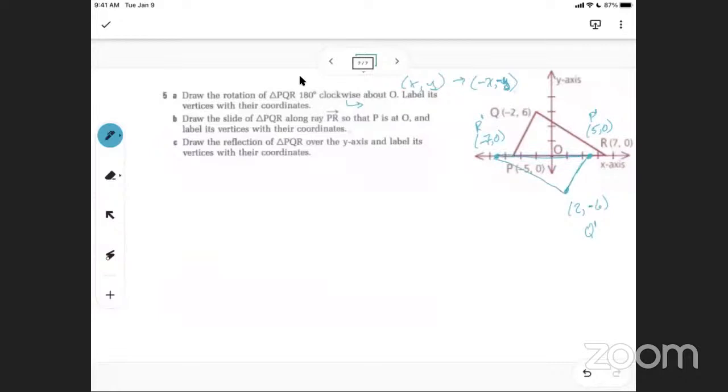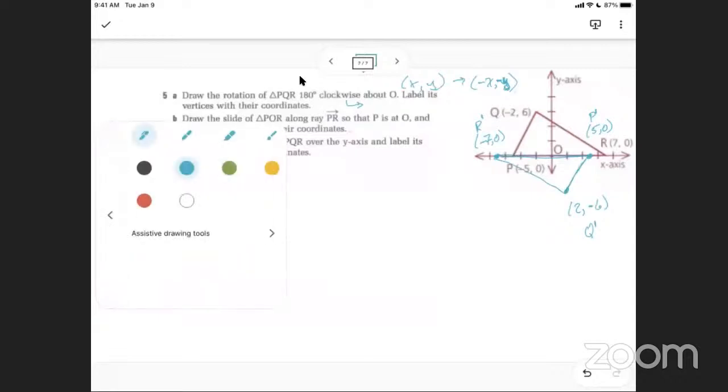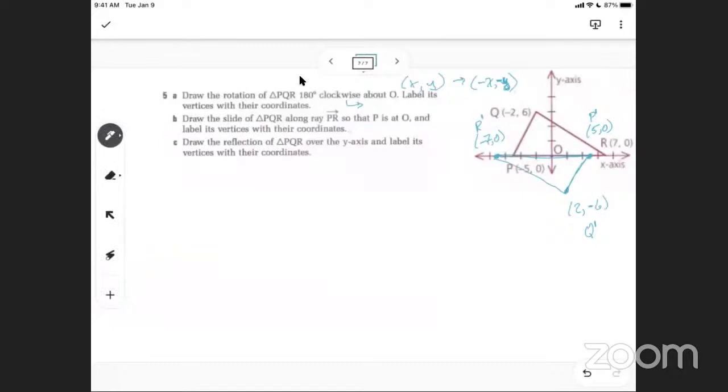Okay. It says draw the slide of PQR along ray PR so that P is at O, and label its vertices with their coordinates. So let's do this one in black. It's kind of hard to draw this because I don't have any space left, but they want us to slide everything over so that P is at O. Basically they want to slide everything 5 units.